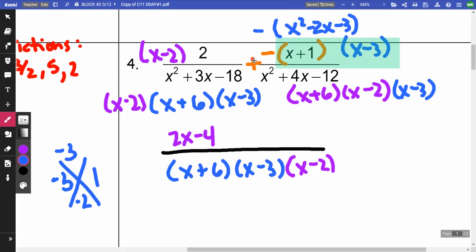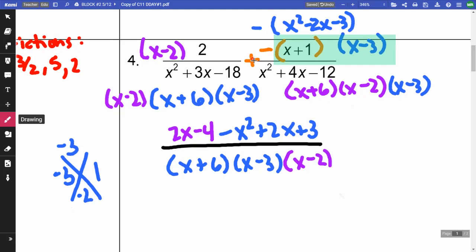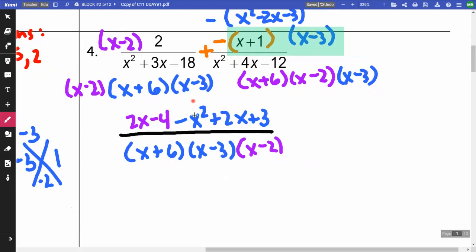So now I'm going to distribute that negative. So I'm going to get a -x squared plus 2x plus 3. And then I'm going to clean that up. So when I clean this up, I've got a -x squared. My x's, I have a 2x and a 2x, which is going to make a 4x. And then I have a -4 and a 3, which makes a -1.